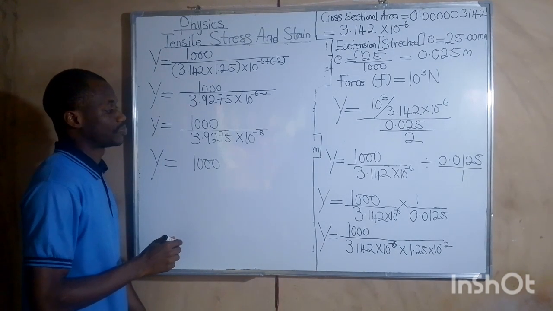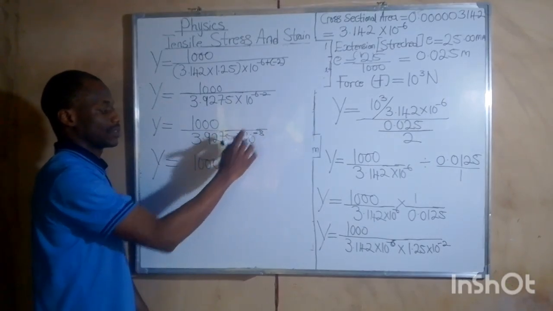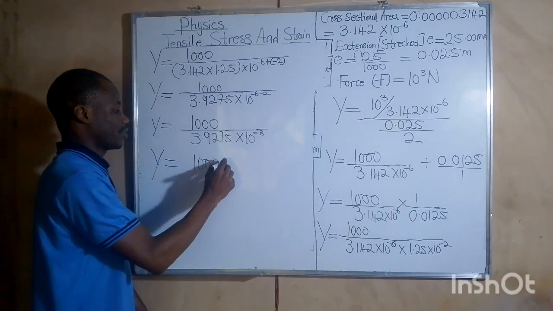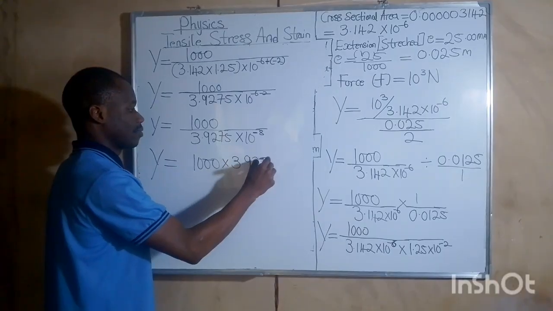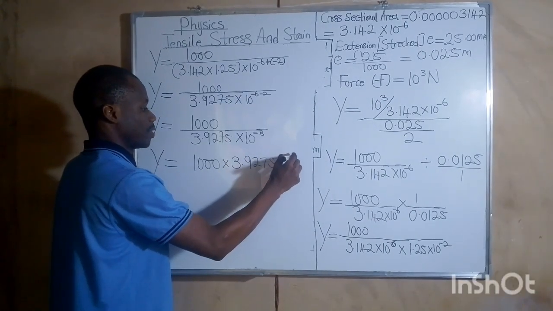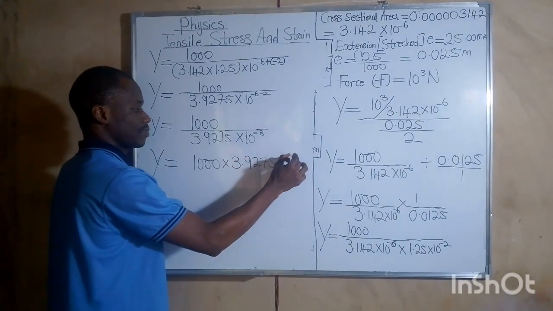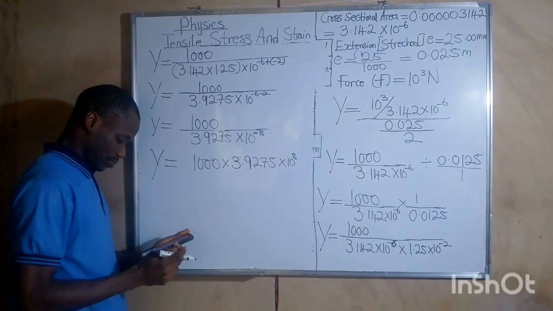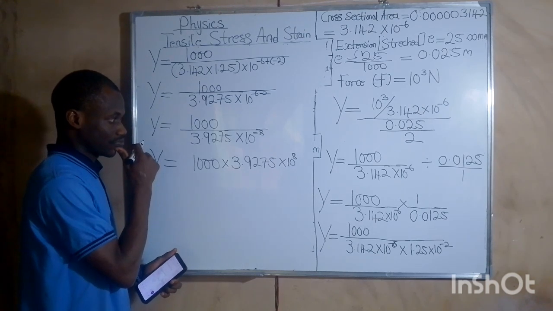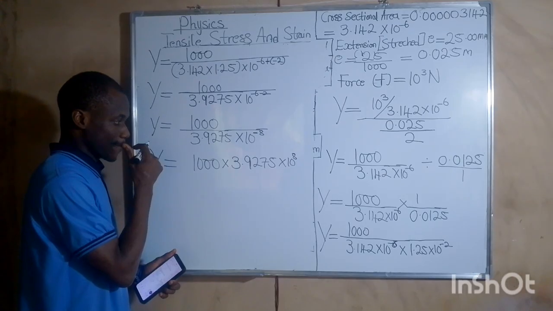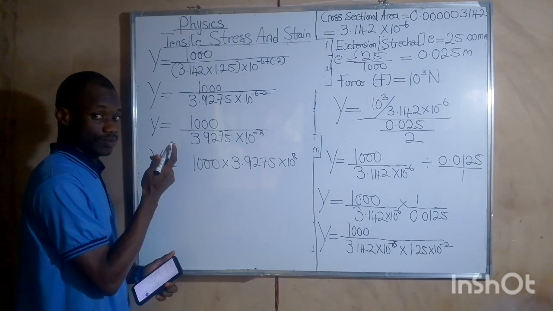The numerator will go up, and the minus sign changes to plus. Good, very good. Times 3.9275 times 10 raised to power positive 8. Should that one also go up with it? Which one? The 3.9275. Let's see. Are you good? Alright.